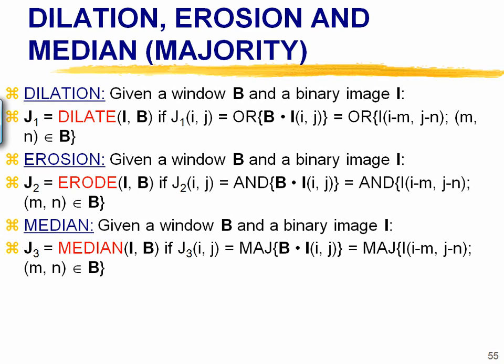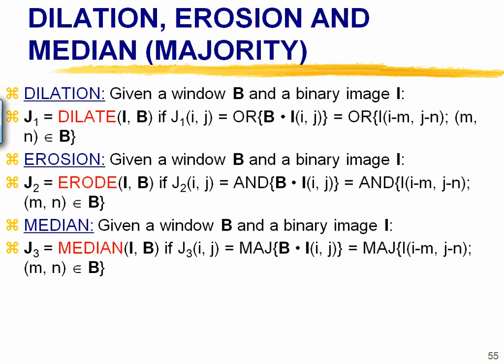Median, right? A median is basically a binary majority operation. Okay? Now it has very nice properties in terms of how it affects the shape of the regions in a binary image. That being, it tries to minimize the effect on shapes. Okay?